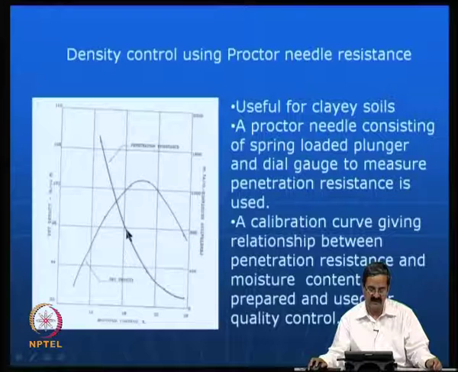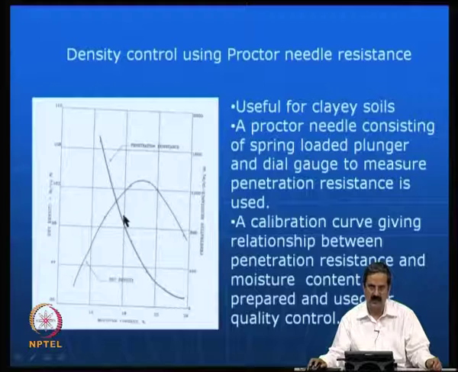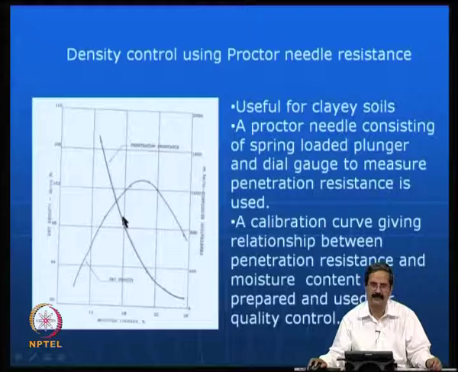So, it is somewhere here, well below, which means the point is nowhere close to its maximum dry density. One can make some observations and improve specifications there, and take a decision whether you should reject the sample or ask them to redo the whole work.